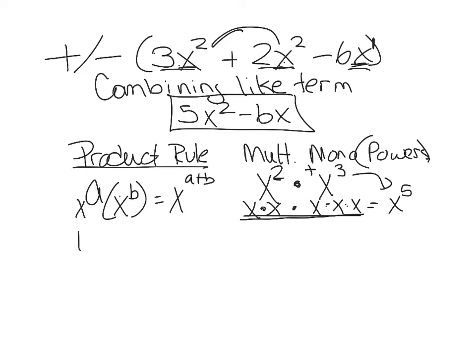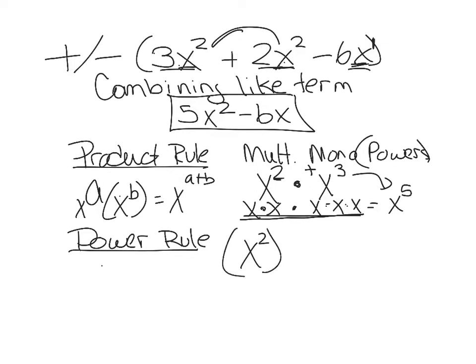All right, the second rule was the power rule. What if we have a power and it's to a power? Like if I have x squared to the third power. Since I have parentheses around this entire power and the exponent on the outside, this entire power is the base.